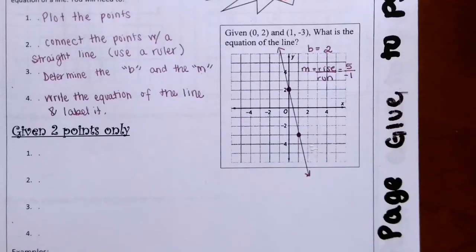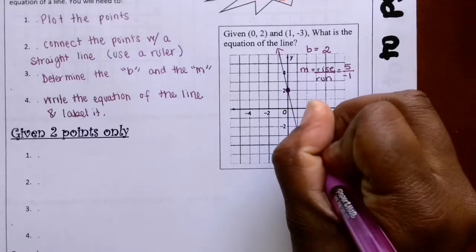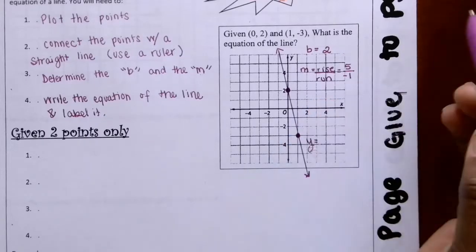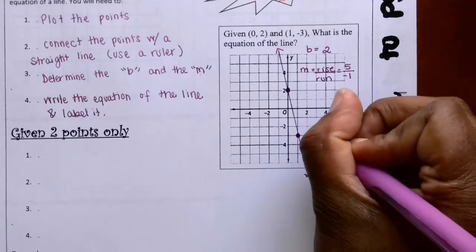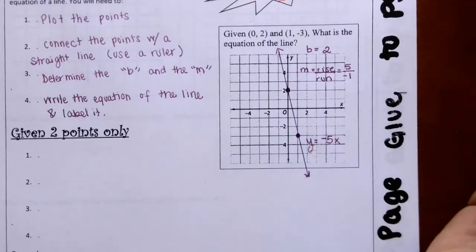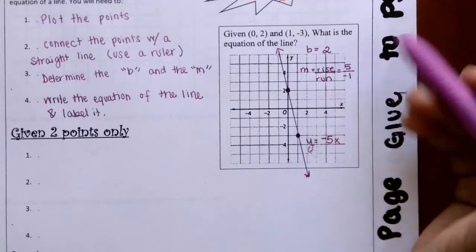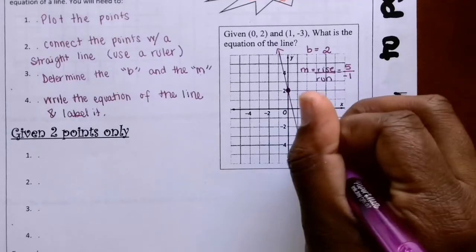Now that we've determined our b as well as our m, we can go ahead and write the equation of the line. Y equals, my slope will be a -5, because 5 divided by -1 is -5. So y equals -5x, and my y-intercept is a +2, so +2.